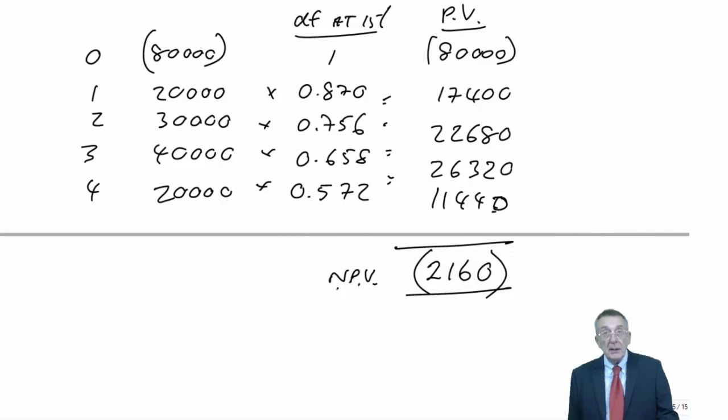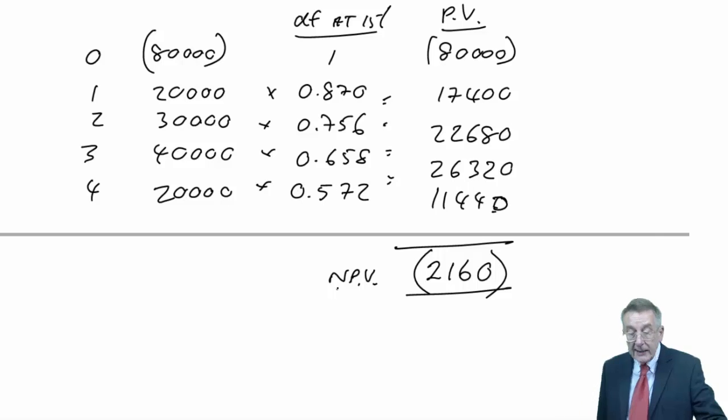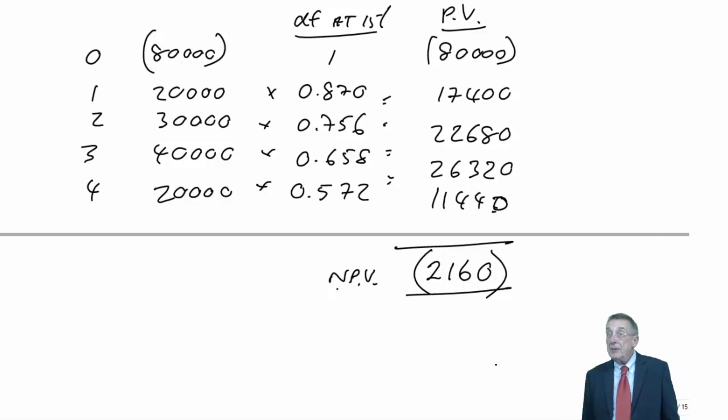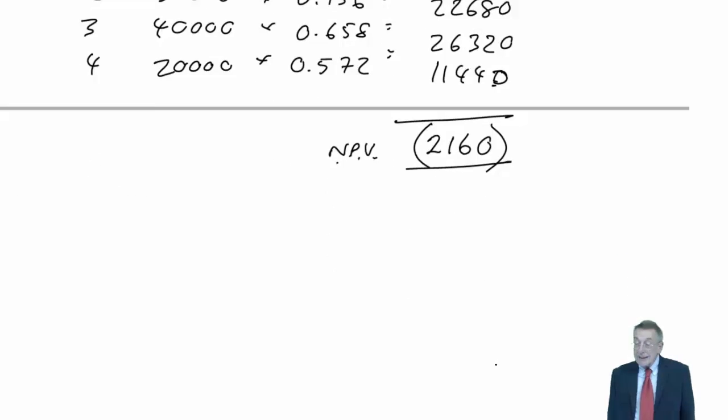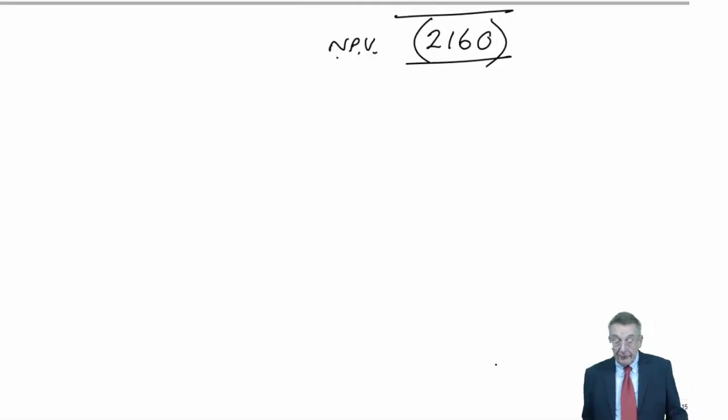However, what I want to know again is at what rate of interest would the NPV be 0? Now, one way you could do it is to try lots and lots of rates and draw a graph.